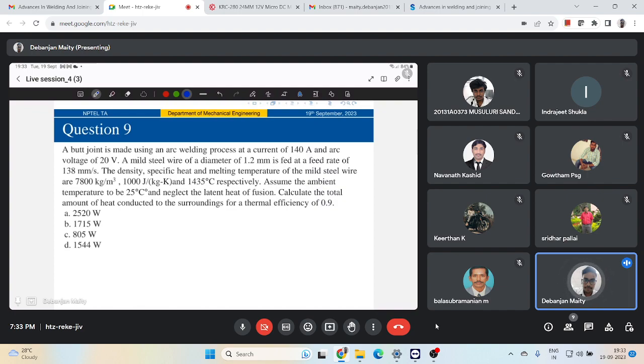So, what is happening over there? You have some dia, which is 1.2 mm. My density is provided as 7800 kg per meter cube. And my Cp is 1000.